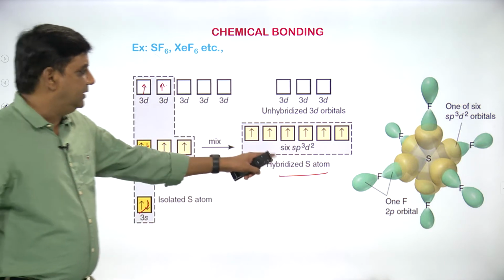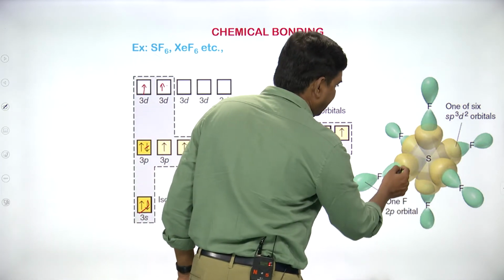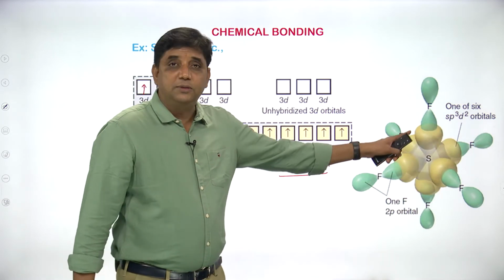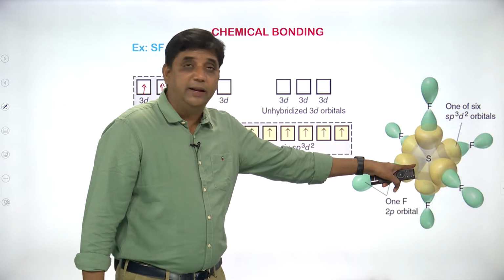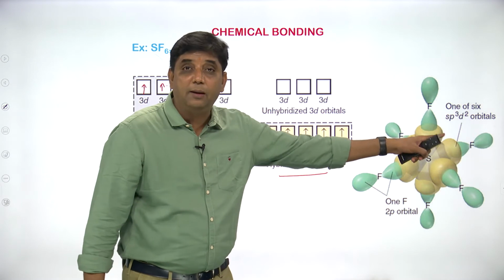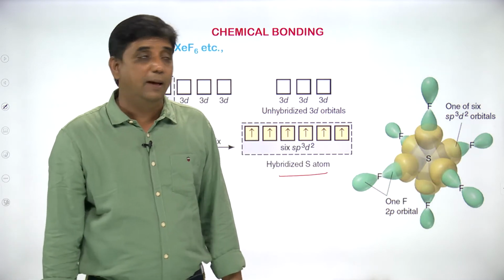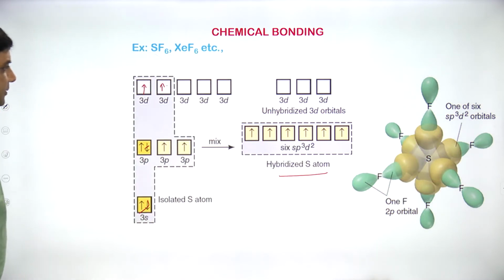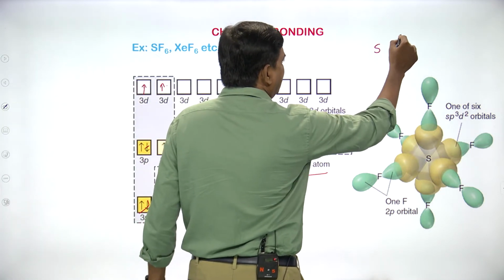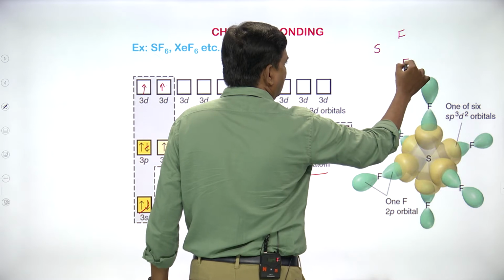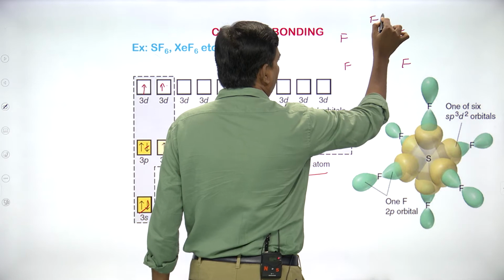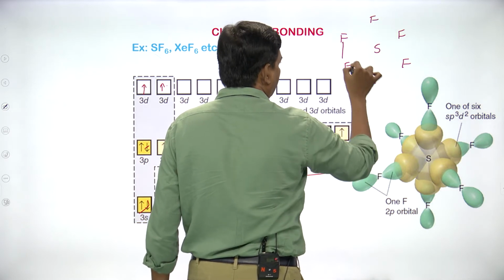Then it gets sp3d2 hybridization. See, this is the octahedral shape. It forms the 6 sp3d2 hybrid orbitals. The 6 p orbitals of the 6 fluorine atoms overlap with these sp3d2 hybrid orbitals. It comes like this: sulfur surrounded by six fluorine atoms.